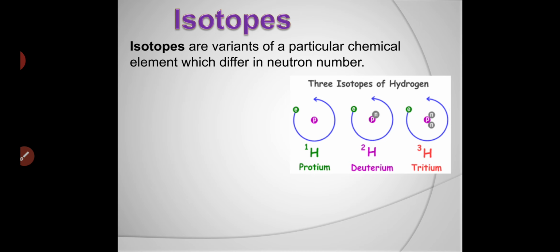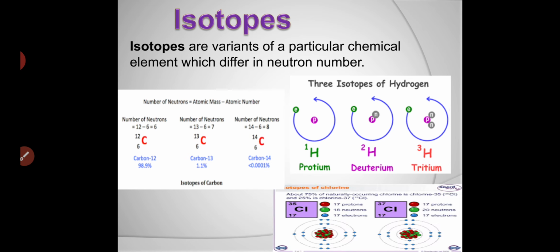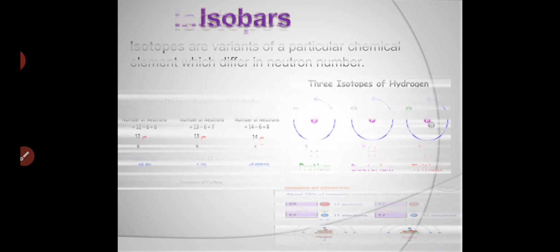So they are called isotopes. Carbon also contains some isotopes, with neutron numbers differing as 14, 13 and 12. Okay. Even chlorine also contains some isotopes.